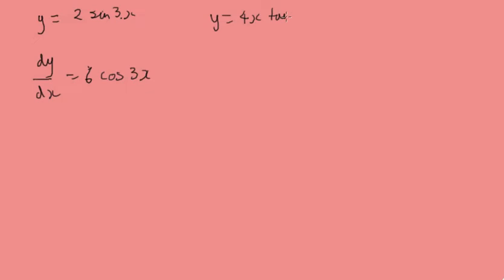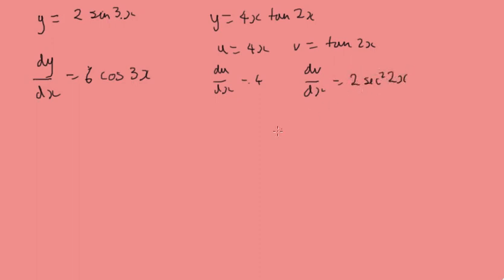Y equals 4x tan 2x. So this one here, we will be using our product rule. So we've got u equal to 4x, v equals tan 2x, du by dx equals 4, dv by dx equals 2 sec squared 2x, and dy by dx is therefore going to be u dv by dx plus v du by dx.